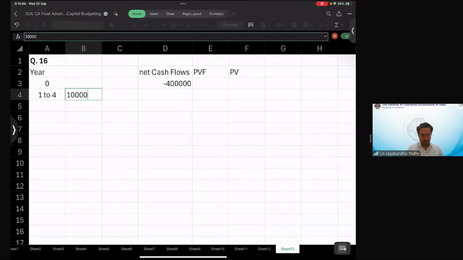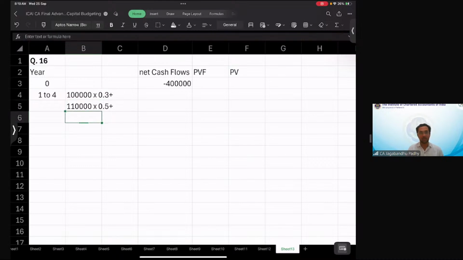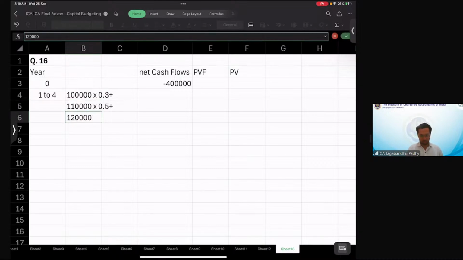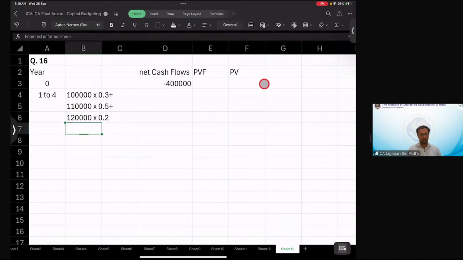So we'll say 1 lakh into 0.3 plus 1 lakh 10,000 multiplied by 0.5 plus 1 lakh 20,000 multiplied by 0.2. Right? So we are simply calculating the expected cash flows.